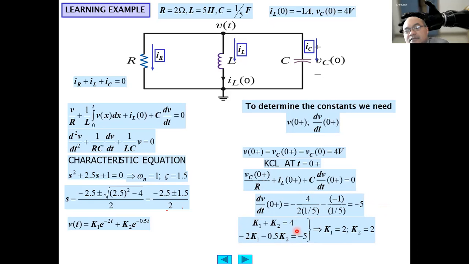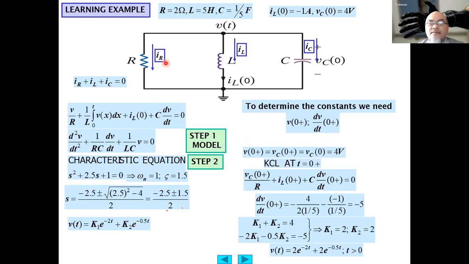Using this, we obtain K1 equals 2 and K2 equals 2. So the voltage v(t) equals 2 times exponent minus 2t plus 2 times exponent minus 0.5t. This is simple since there is no term on the right-hand side of the equation, so there is no particular solution, only the homogeneous solution.